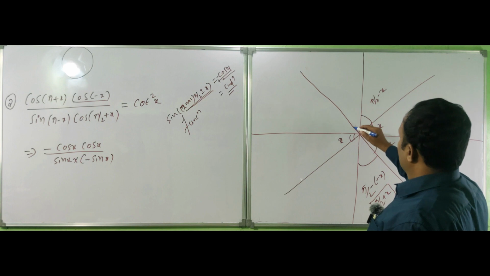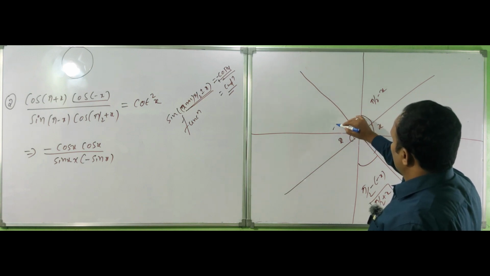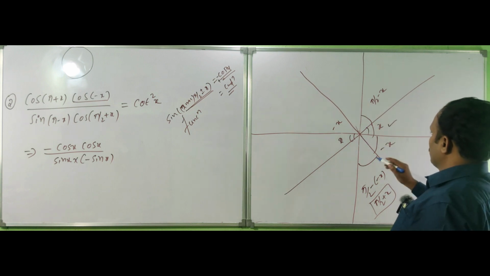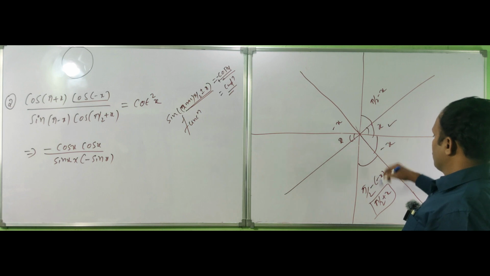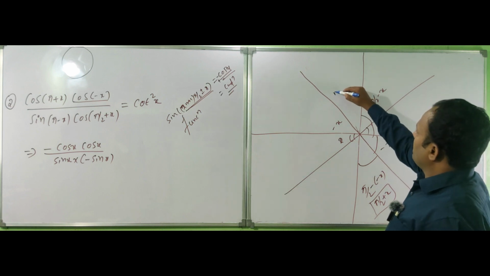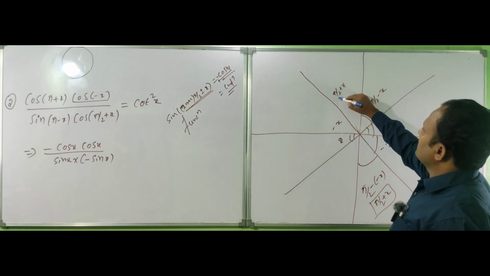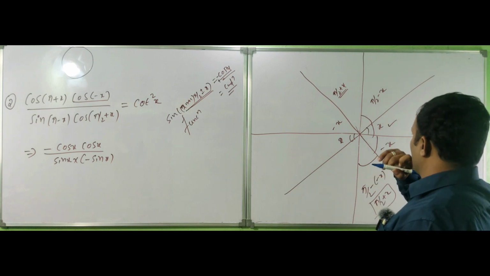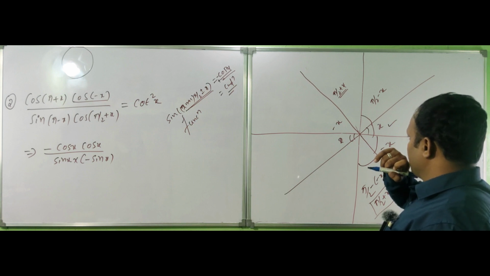This gives minus x with respect to this, and again this gives pi by 2 plus x. Let's say this side here is pi plus x.